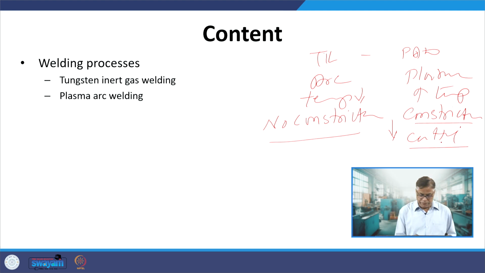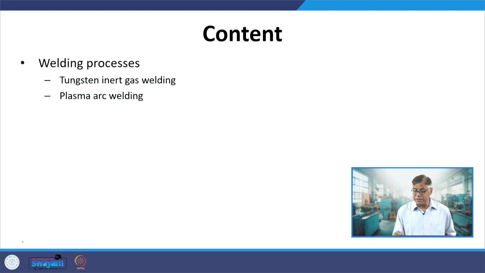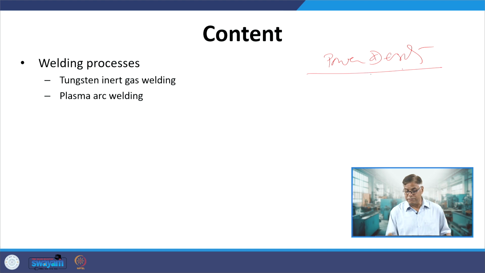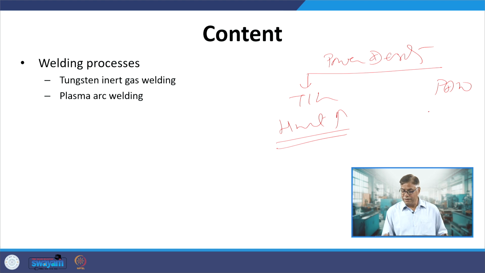So, the power density associated with the TIG and the plasma are significantly different. Therefore, the net heat input that is required for the welding purpose in case of the TIG is higher, and for the plasma, the net heat input required for welding the given metal of a given thickness is lower.